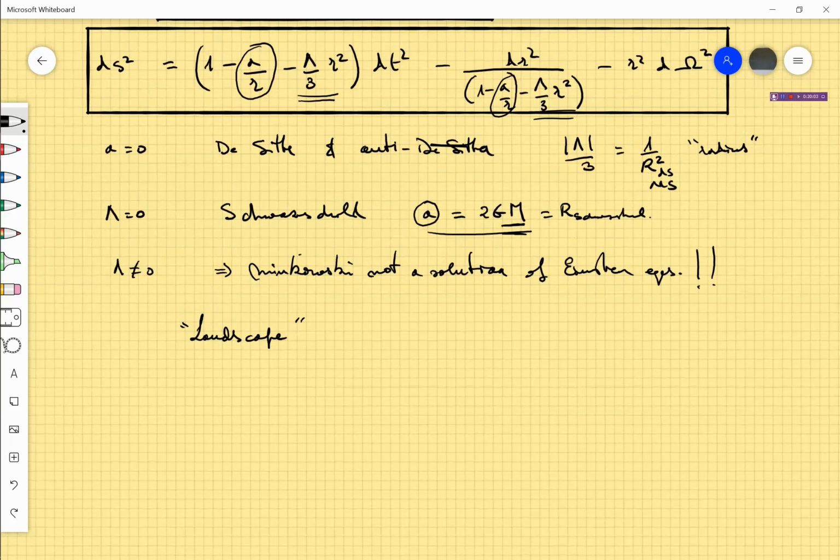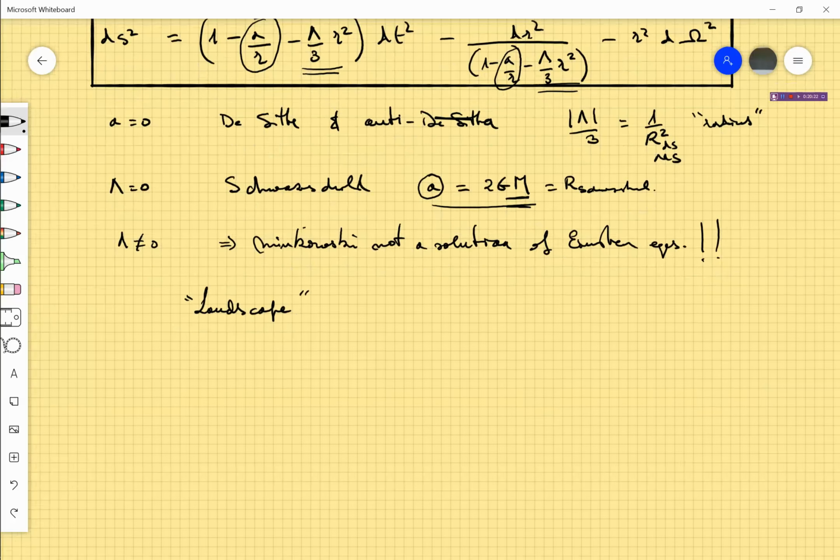leaves some people satisfied. The principle has to do with the symmetry that you have. So people tend to call a solution a vacuum if it has the maximal symmetry possible. How much symmetry is that? Okay, Minkowski is one of them, and it is characterized, as you know, by 10 isometries, which is the dimension of the Poincare group in 4 dimensions.